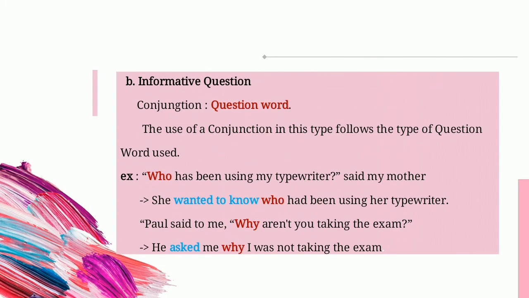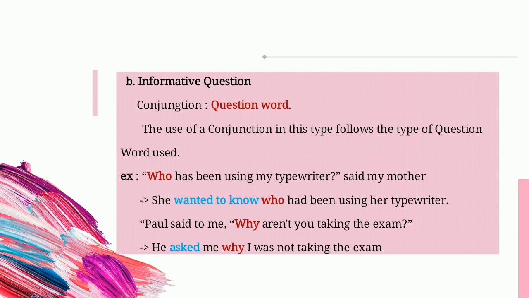Next, informative question. Conjunction, question word. The use of a conjunction in this type follows the type of question word used. For example, "Who has been using my typewriter?" said my mother.